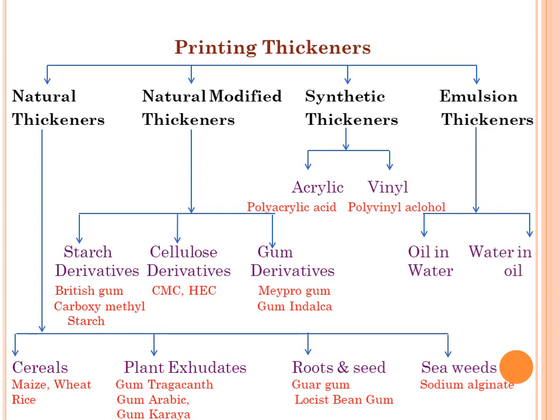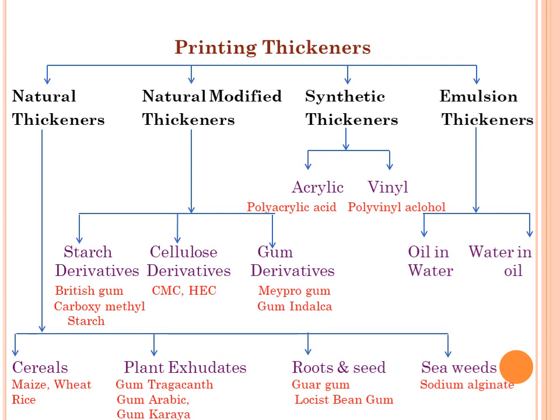Now the next category is natural modified thickeners. Let us see the examples. In this case we have starch derivatives, cellulose derivatives and gum derivatives. The original form is modified by either etherification, oxidation or esterification to get these thickeners.